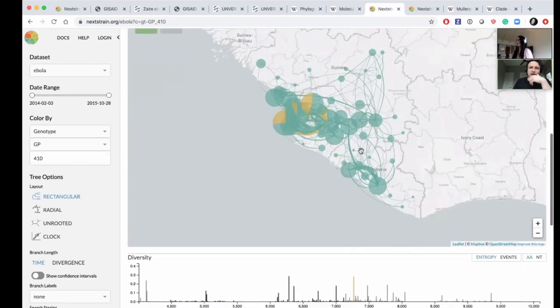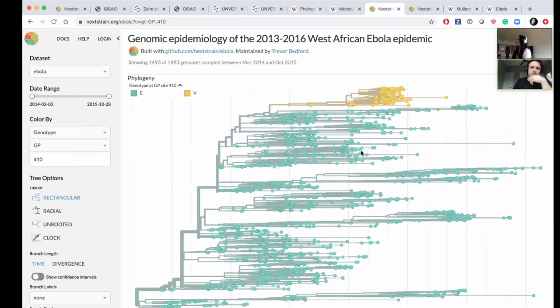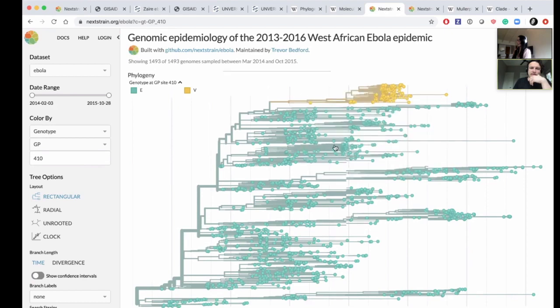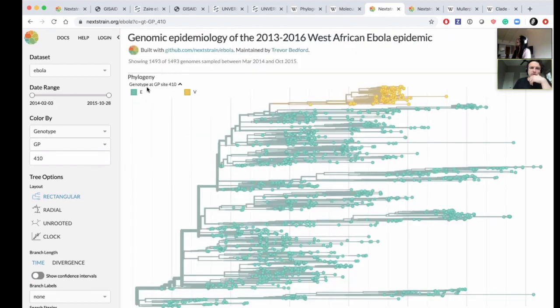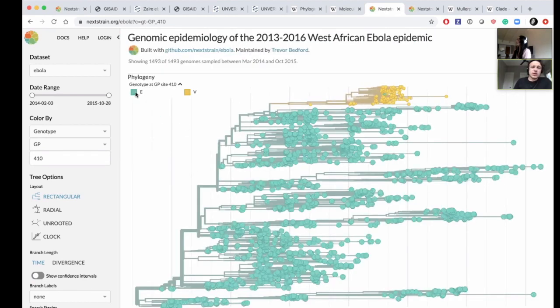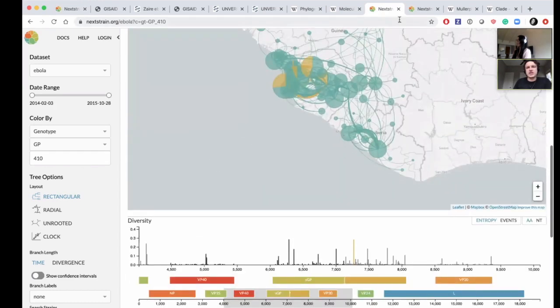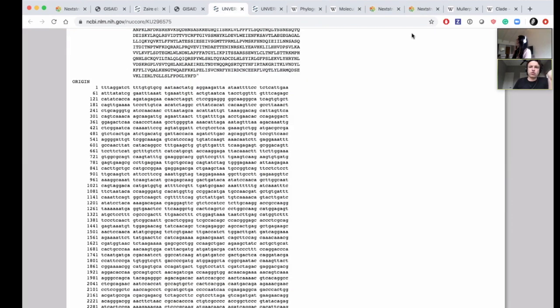If we click on that, we can see the part of the tree where it's flipped. This part of the tree has a different genotype. In this case, it's not just A, T, or C, but a group of them. So this is also an added level of complexity. The graph is also considering a group of them together.